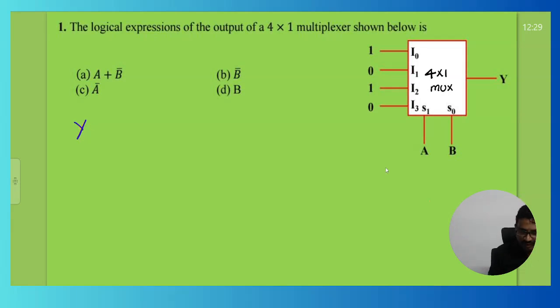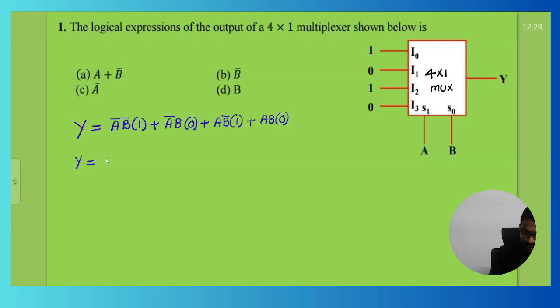Okay, right. So you can see now the expression Y is equal to A bar B bar into 1 plus A bar B into 0 plus A B bar into 1 plus AB into 0.